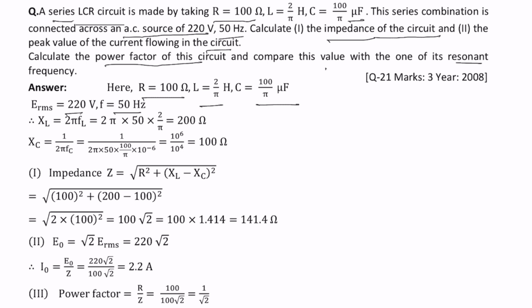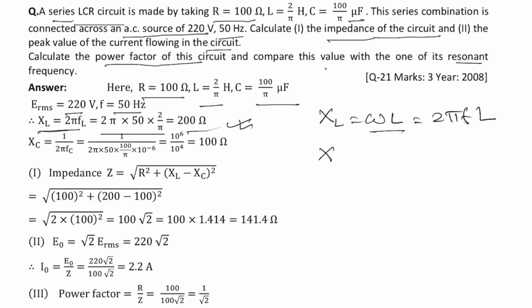Now, what is the inductive reactance? Inductive reactance is XL. XL is omega L. Omega is 2 pi into frequency, into L, correct? So it is 2 pi into 50 into 2 by pi, so 200 ohm will be the inductive reactance. Very straightforward question.